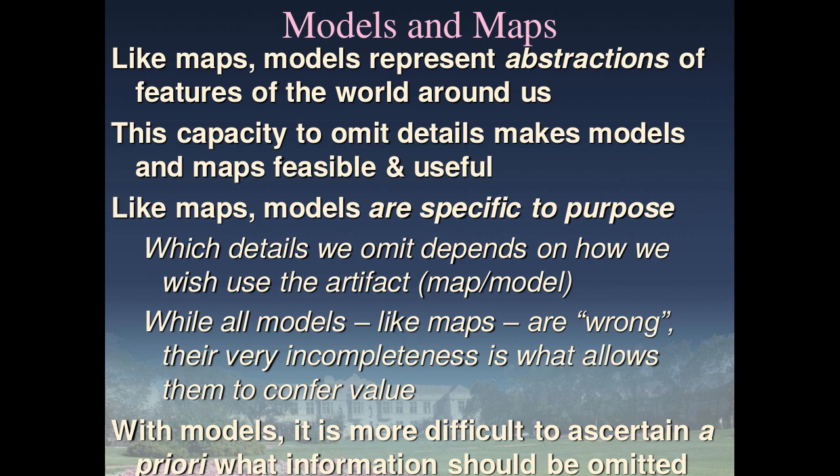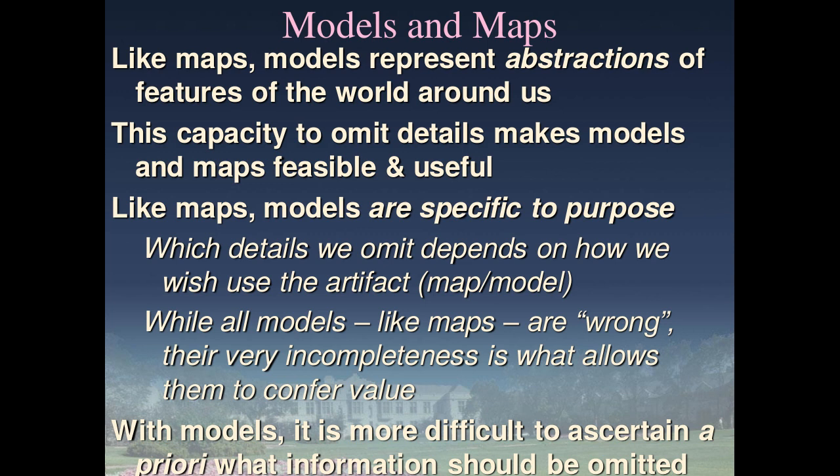Maps, like models, are abstractions of the world. They hide a lot of detail. And they're useful precisely because they do hide detail. I never want to drive with a map in my car that had every blade of grass on it in the city of Saskatoon. Not only would it have to be updated very frequently, but it would be so voluminous as to be burdensome.